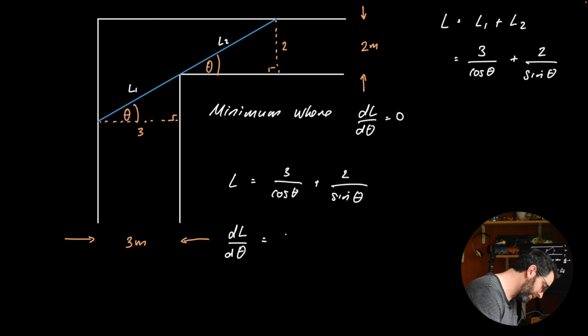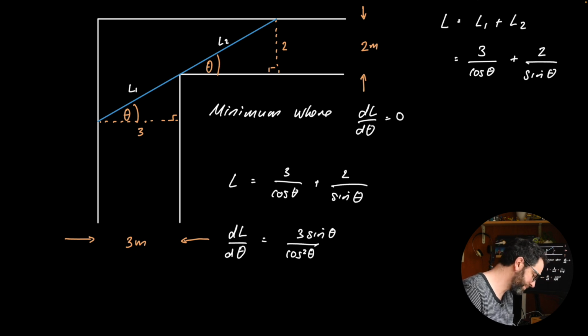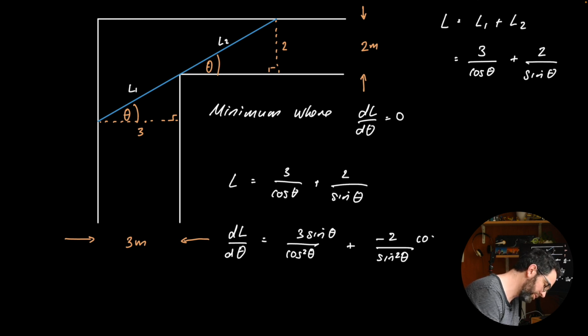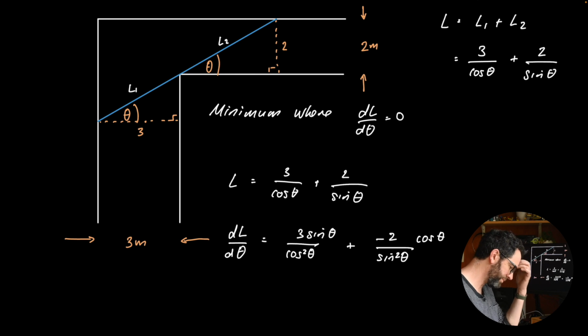So that's going to be negative 3 over cosine squared theta times the derivative of cosine theta, which is, sorry, negative sine theta. So that will also have the effect of removing that negative sign. Plus the derivative of 2 over sine theta is going to be negative 2 over sine squared theta, all times the derivative of sine, which is cosine theta. All right, and we want this equal to 0.